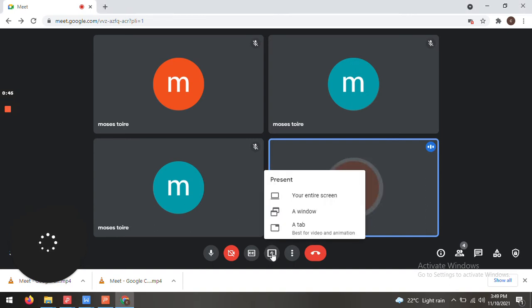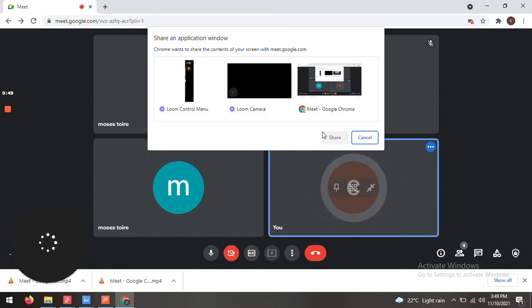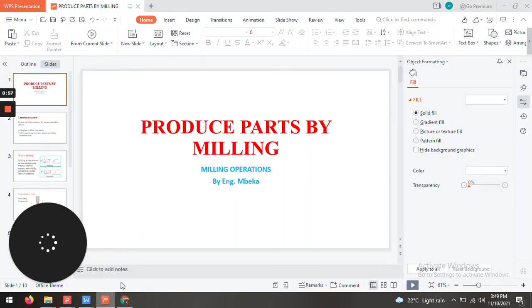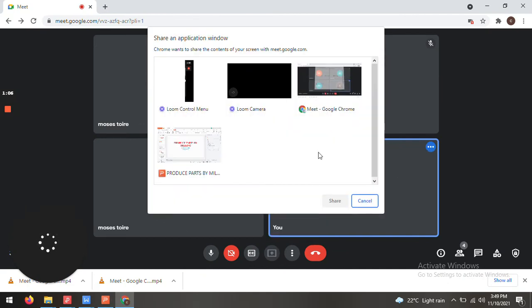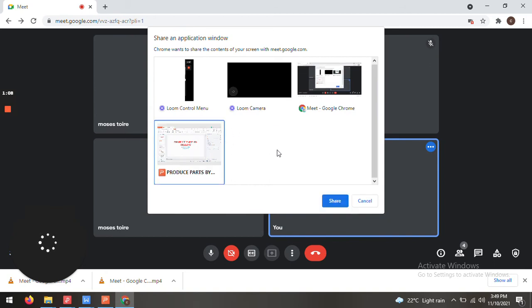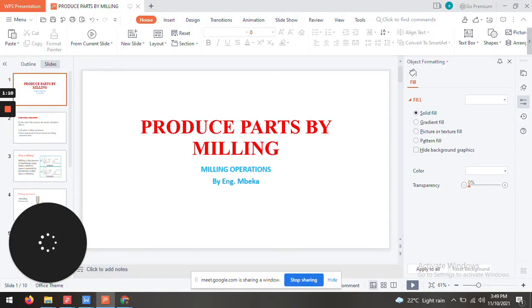Today, I want to teach you about milling, and our specific objectives for this lesson is that at the end of the lesson, can you see from your side I'm sharing something?